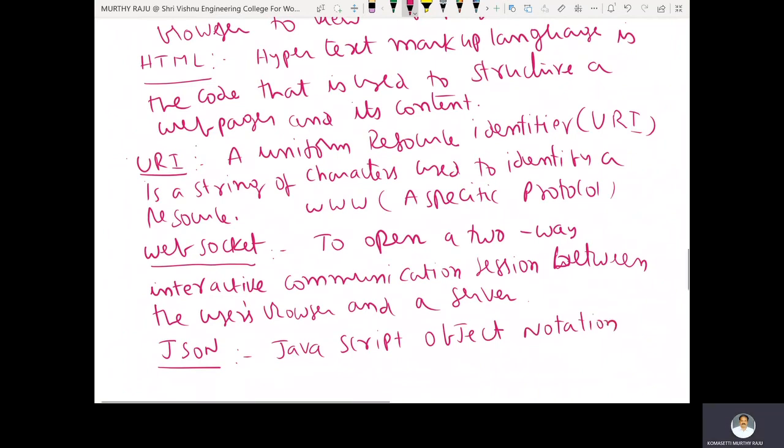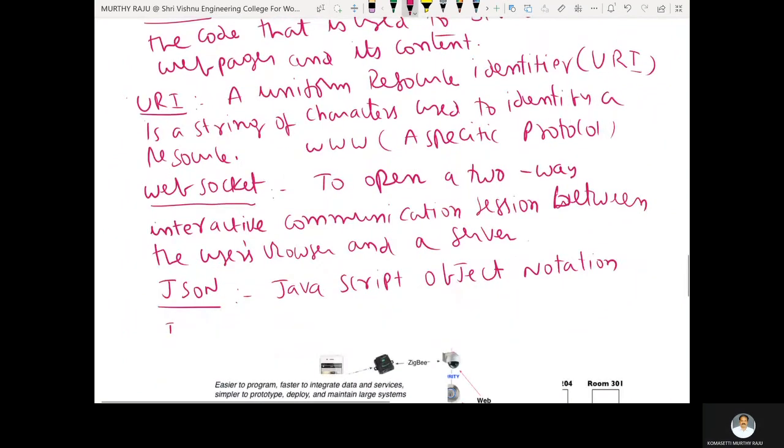It is commonly used for transmitting data in web applications.